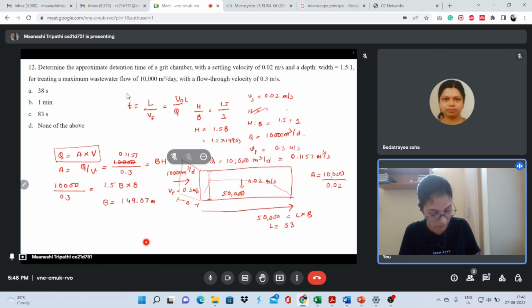B we will get as 0.507 meter, and here it will also change.